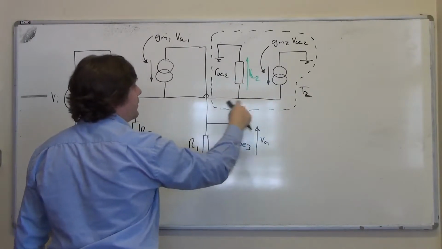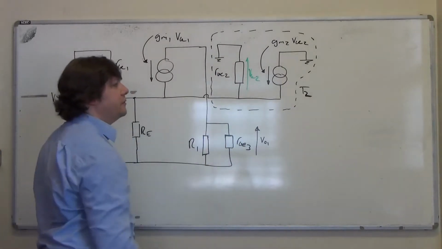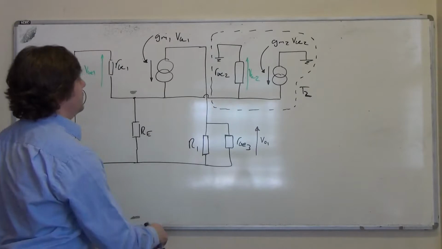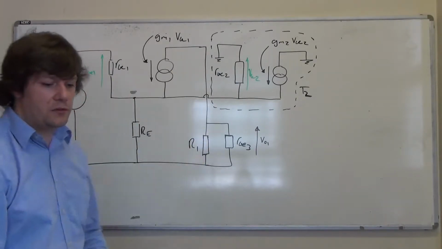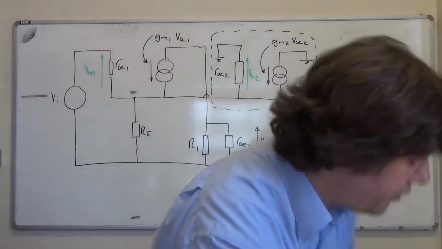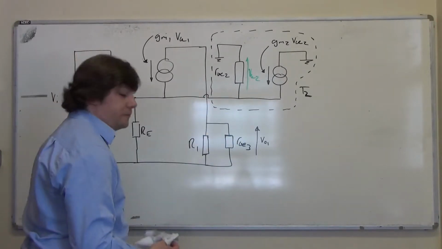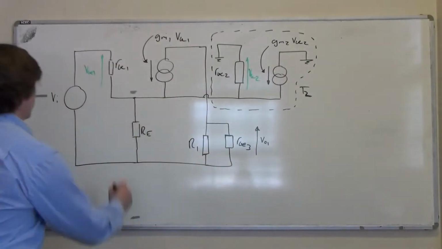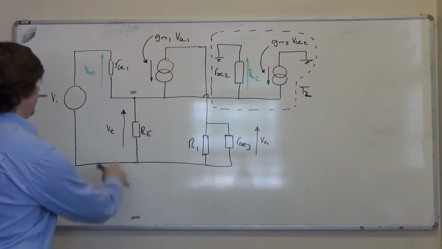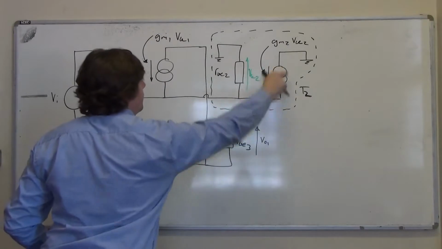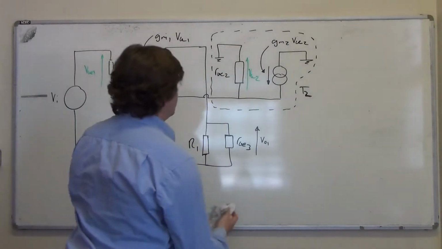So we can take all this stuff and work out a resistance value that represents it, and we'll do that first and then we'll come back to this and carry on, because this will make it much simpler for us to solve the problem. So we're going to worry about what this looks like. So I need a small signal model for just this now, and what I'm going to do is say, well, there's a voltage here, I'll call it VE, and VE is going to be driving this stage, or this transistor. So we'll just do that bit.